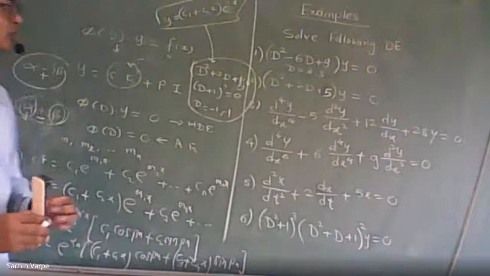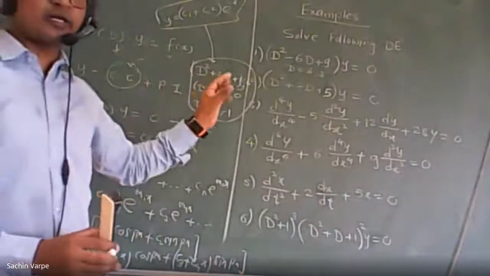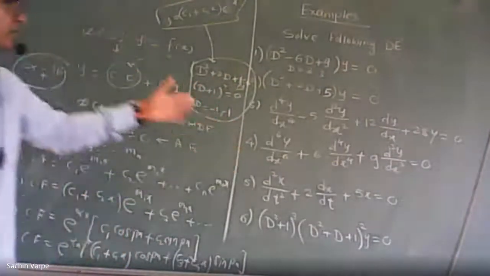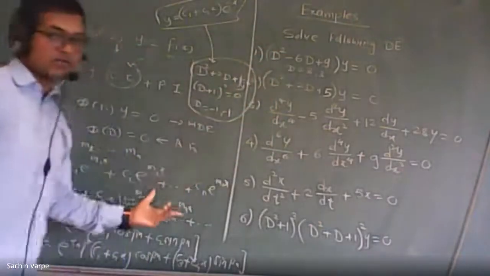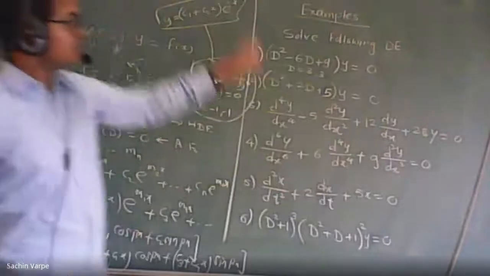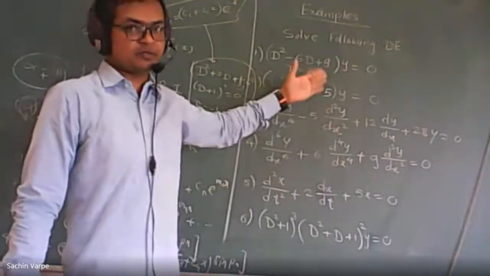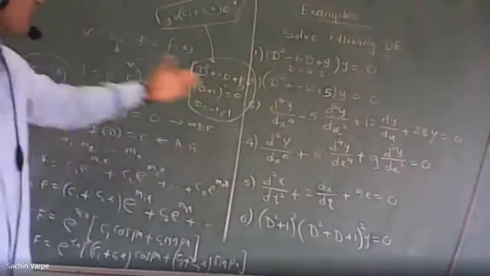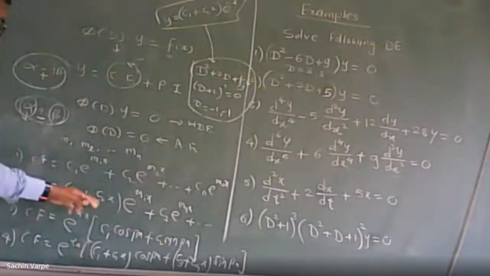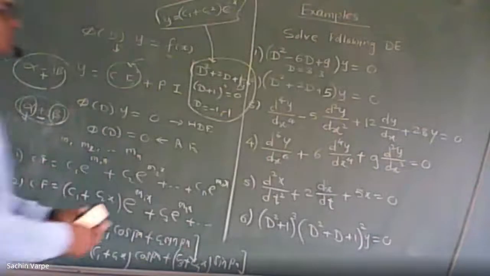I request you all to write the explanation properly, so that while studying for the exams, you'll be able to understand which formula we are using and why. Right here, the roots are real and repeated. Therefore, if the roots are real and repeated twice, then we have the formula. Write the formula first, and then apply that formula to the roots.